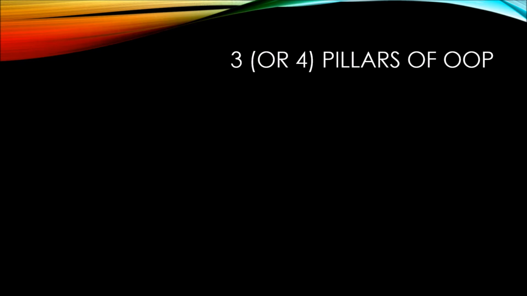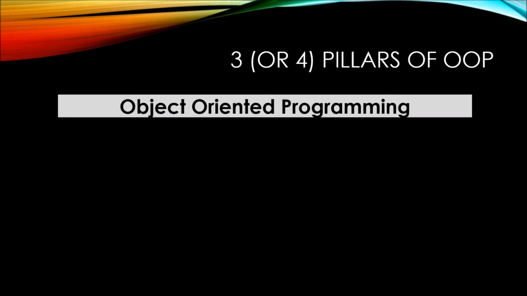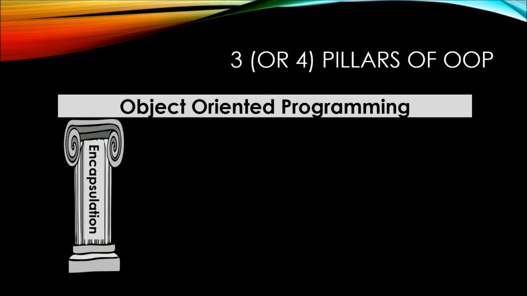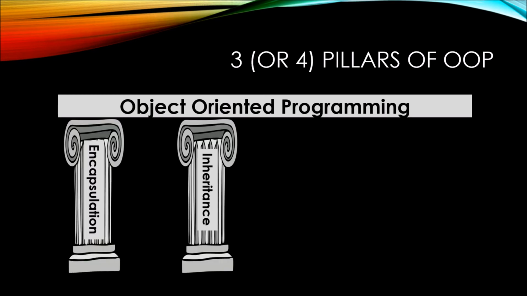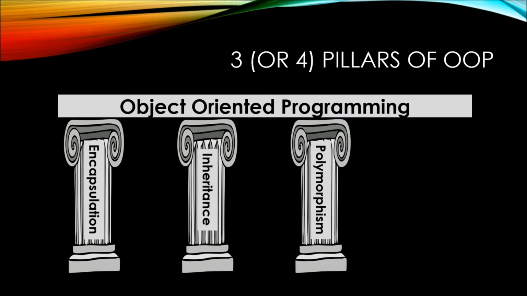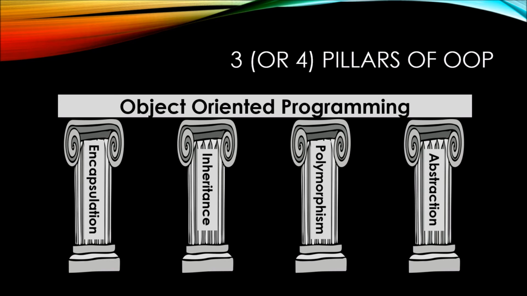The typical 3 pillars that you will hear about for object-oriented programming are encapsulation, inheritance, polymorphism, and the 4th one is abstraction. Now, oftentimes polymorphism and abstraction will be switched around, but really, I view abstraction as the ultimate goal of the other 3 pillars, and we'll talk about that a little bit more in this video.